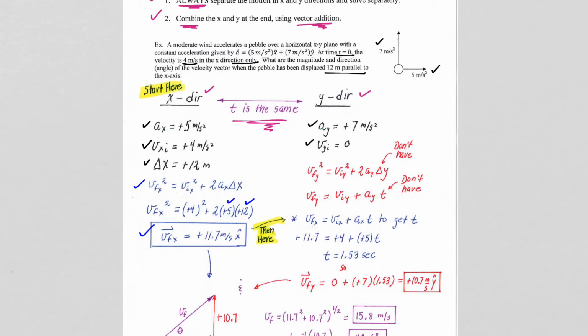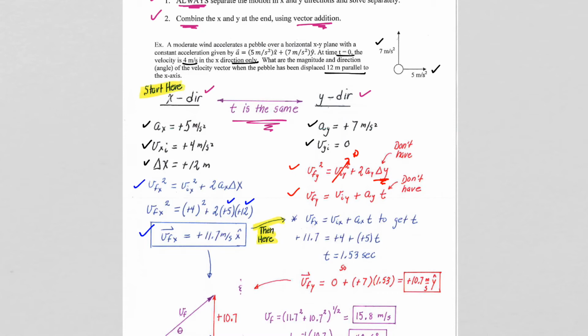Now, again, we don't have time, so I would start here with this equation. We are looking for v final in the y direction. V initial in the y direction is 0, so that's okay. But we do not have delta y, okay? So let's go to our next equation: v final equals v initial plus acceleration times time.